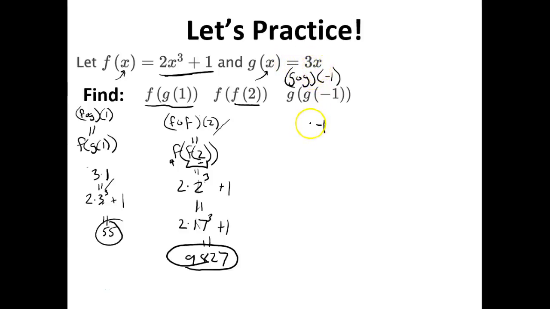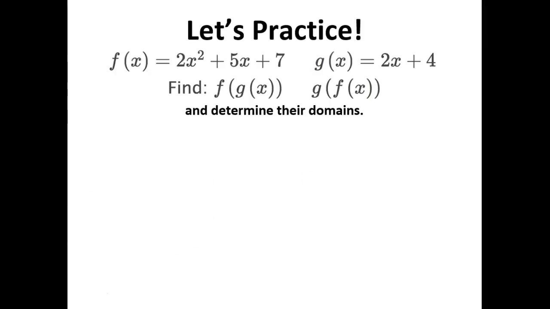Whatever we put in, we multiply it by 3 and get out -3. That's from this part right here. Once we get that out, we put it back into g, and it says take it times the 3, so we end up with -9, all said and done. And that's kind of how this notation works.